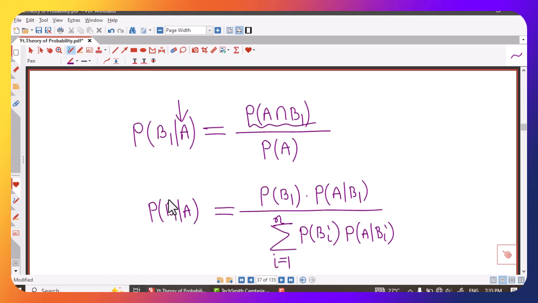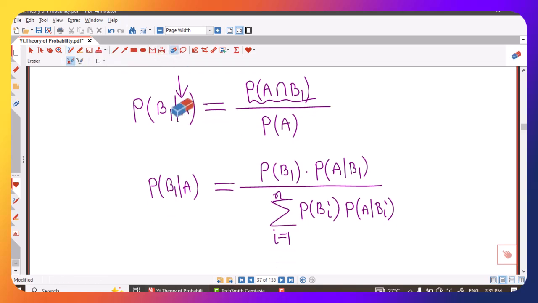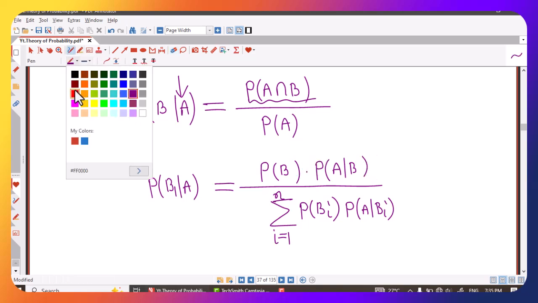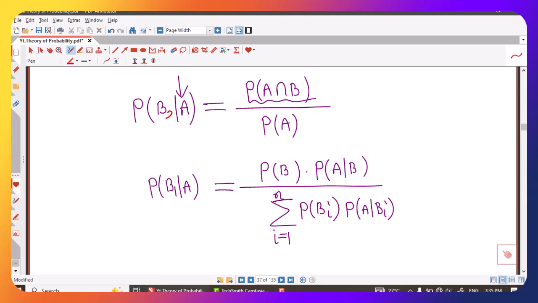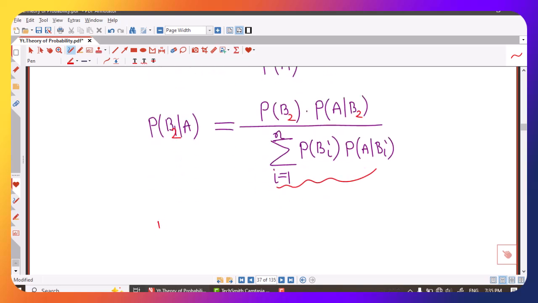Similarly, if I am interested in the conditional probability of B2 given that A has occurred, then I will replace B1 by B2. So here I will have A intersection B2 divided by the probability of A, and this by the multiplication rule I can write as the probability of B2 times the probability of A given B2, and the denominator remains as it is.